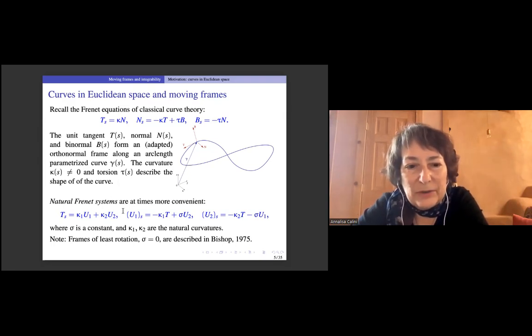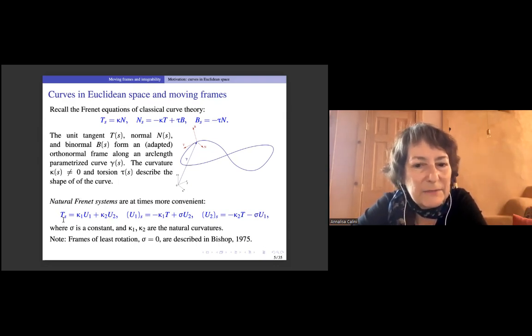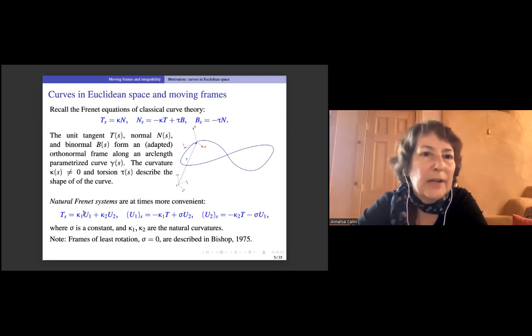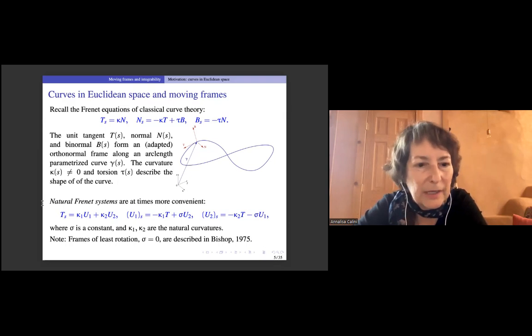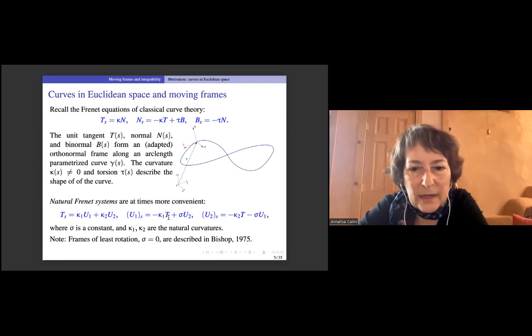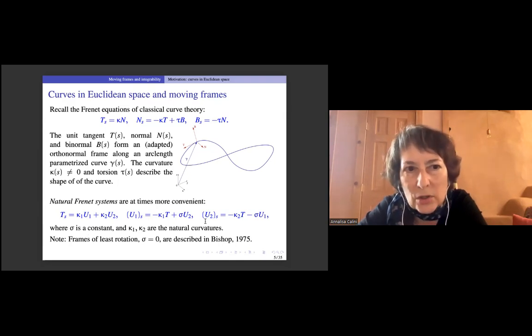This kind of frame can be chosen so that they satisfy these new Frenet-like equations. They are called natural Frenet systems. And in particular, notice that we are looking, in this case, at so-called frames of constant rotations.